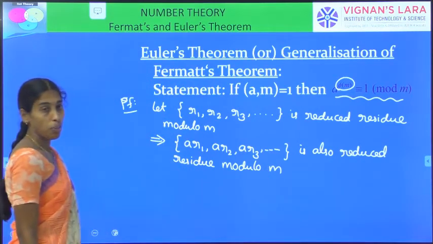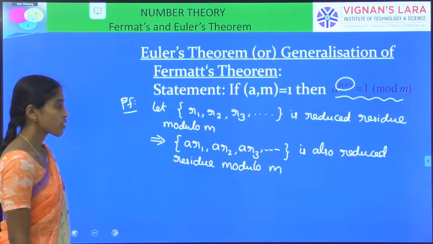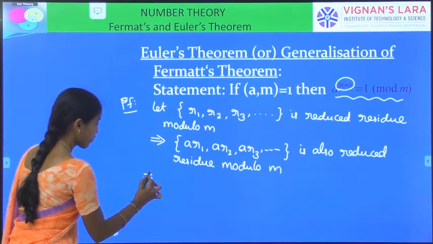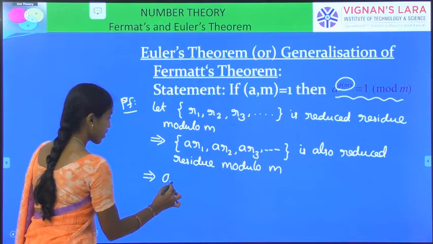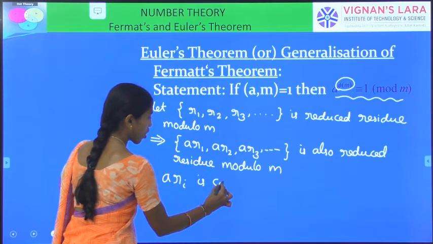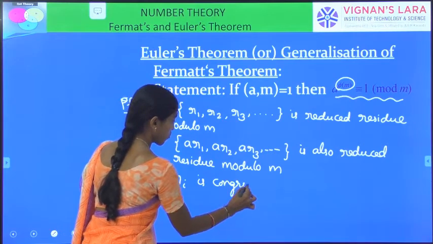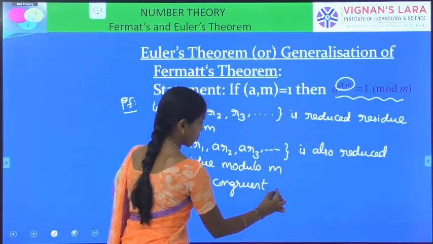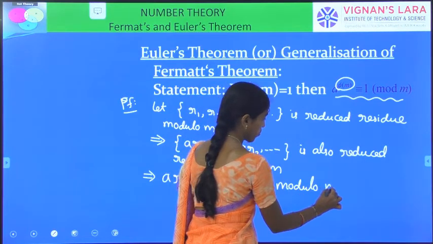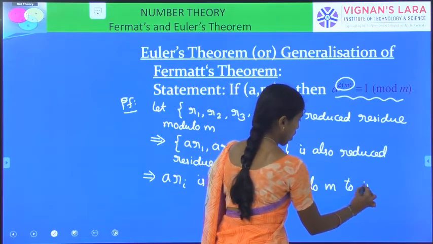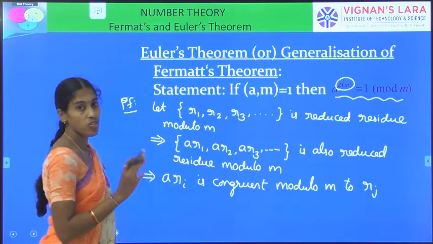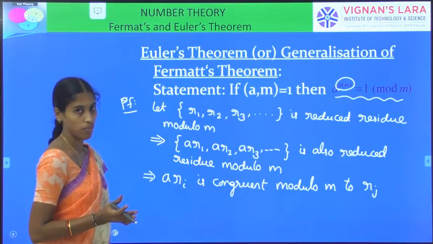Right? Because these two are reduced residue systems modulo m, this implies that aRi is congruent modulo m to some Rj, right? These aRi and Rj are not in the same order.